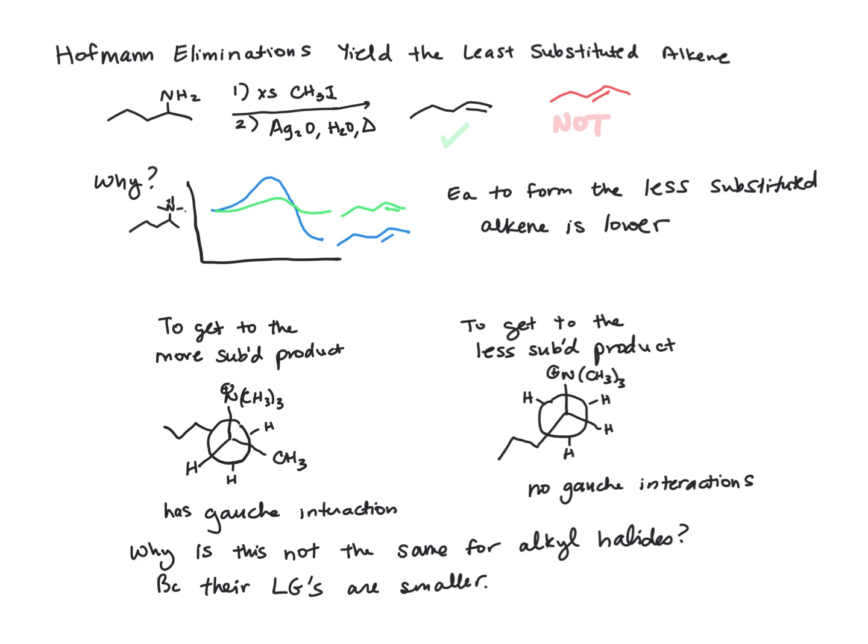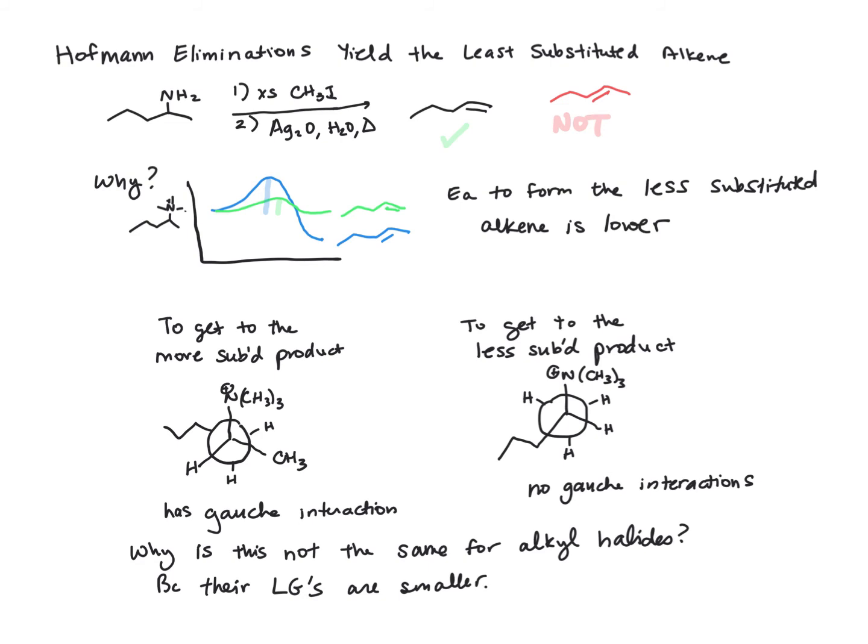Why is this? It's because the activation energy to form the less substituted compound is lower. So here we're following this energy diagram, and we see that we have an activation energy that is taller than the activation energy to form the less substituted alkene.